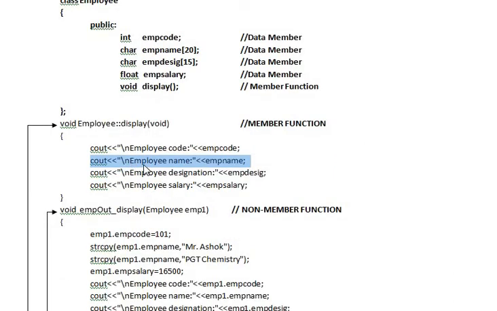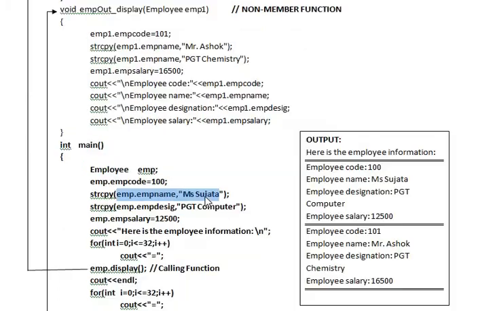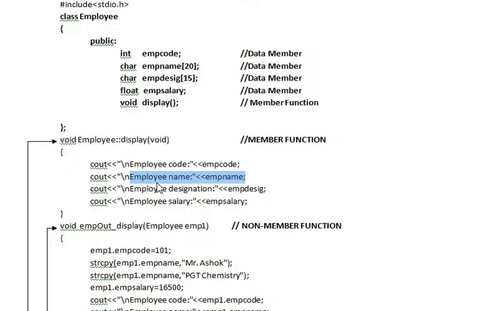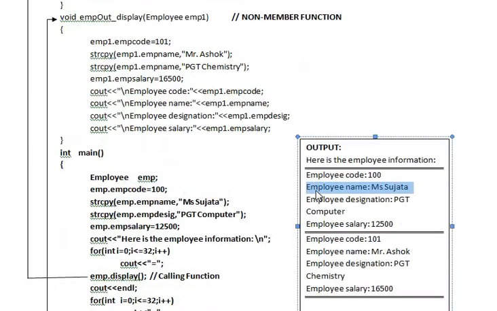Then the next statement prints the text employee name, which is within inverted commas, into the output, followed by the value of the data member EMP name. As the value of the data member EMP name was MS Sujata, employee name and the value MS Sujata gets displayed in the output table exactly like this.